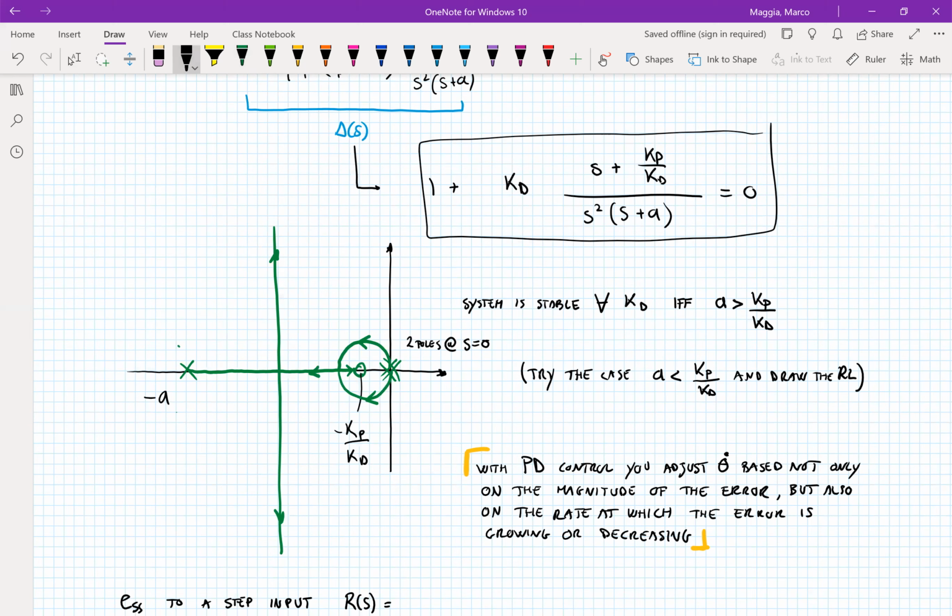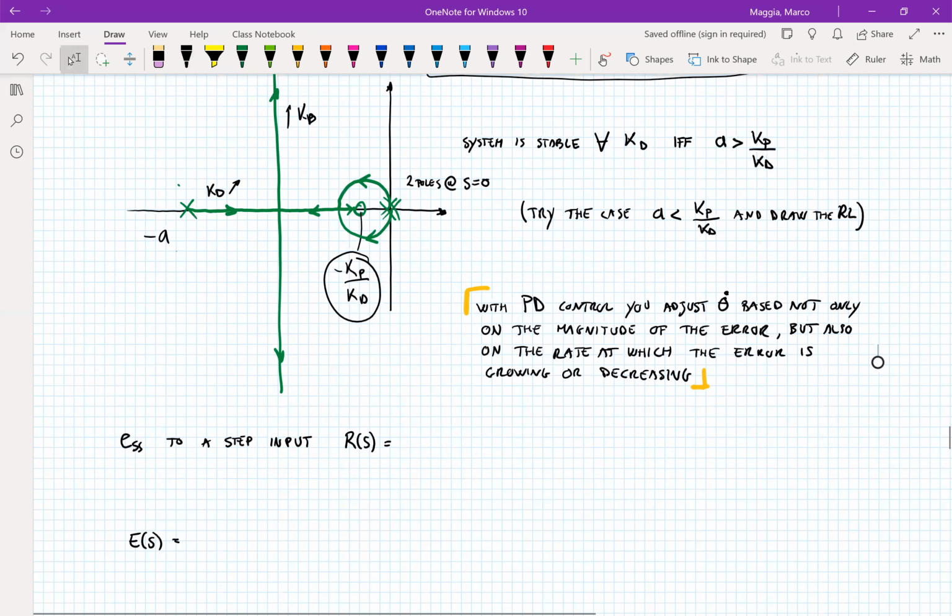As we increase Kd, we're moving away from the open loop poles at 0 and at -a, following the branches of the root locus. So the first thing that we see is that for all values of Kp and Kd, we have a stable system, granted that the zero is between -a and 0. So that's good. What about the steady state error?